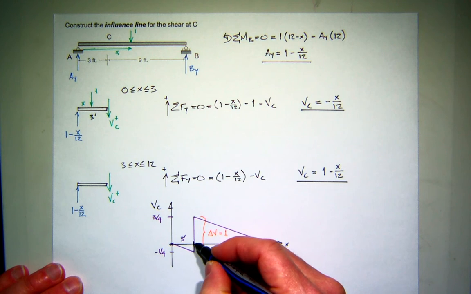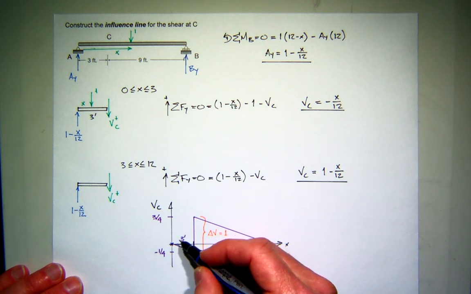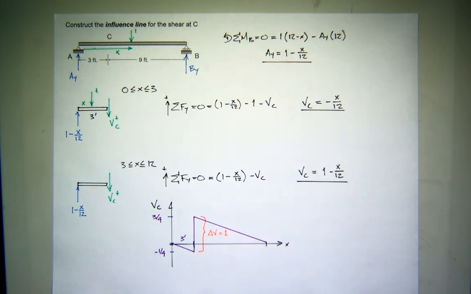So you can imagine if you are a shear connection at C, and lots of loads are passing over you from left to right, you're constantly changing direction, positive, negative, and at different magnitudes. So you have quite a busy existence as a shear connection.